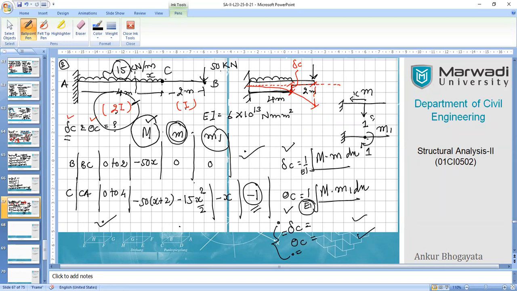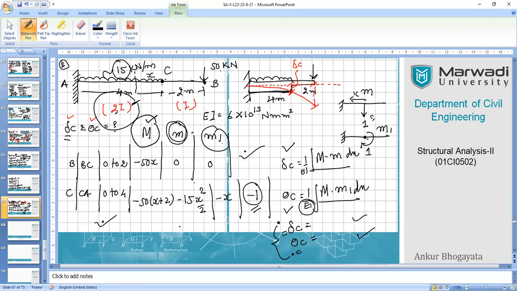And consecutively, we developed the generalized equation for the unit load at point C, because we are interested to find the deflection at point C. So as a rule of the unit load method, you must have a unit load applied at the same point where we are interested to find the deflection.